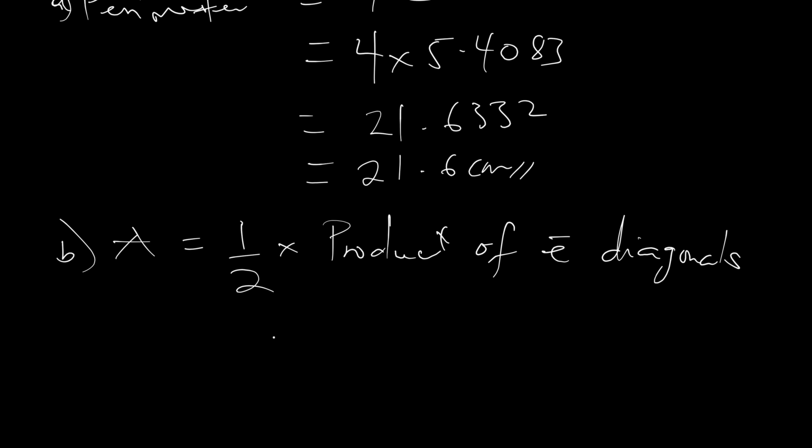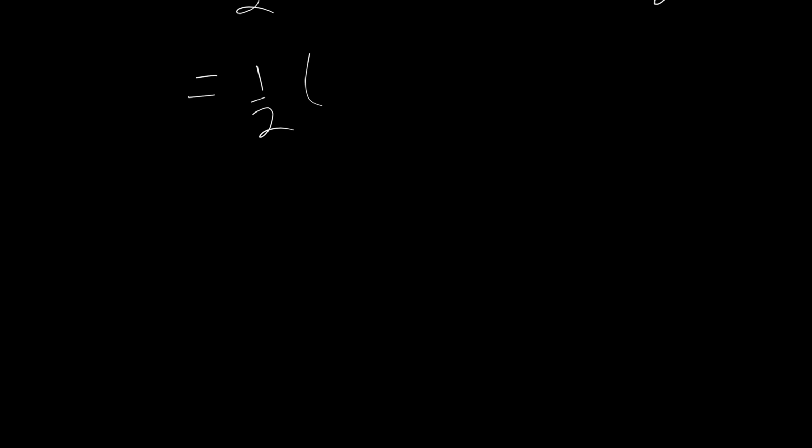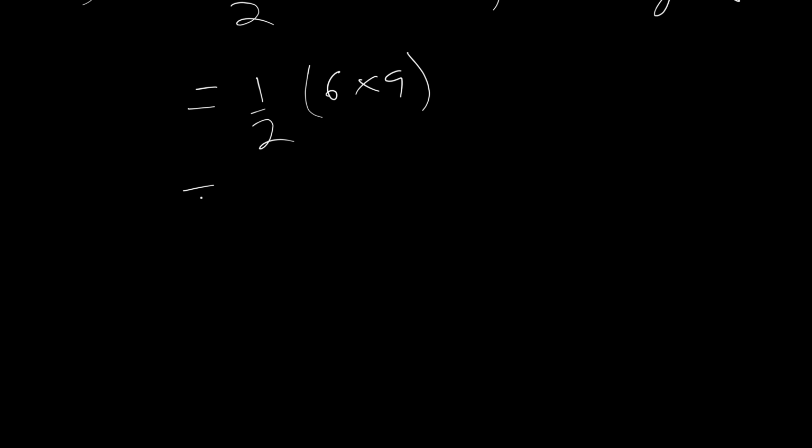So our A will be equal to half of, the whole of this is 9 and the whole of this is 6. So 6 times 9. Now when we find half of 6 times 9, we should have 27.0 centimeters squared. That's when it's corrected to 3 significant figures.